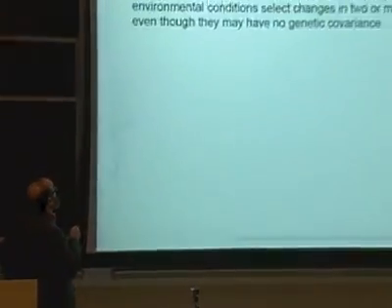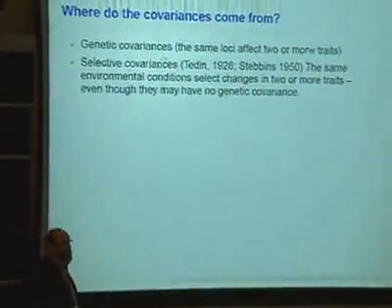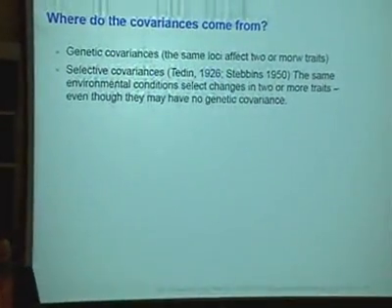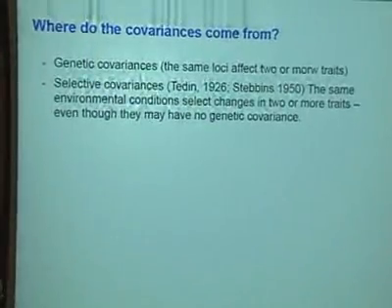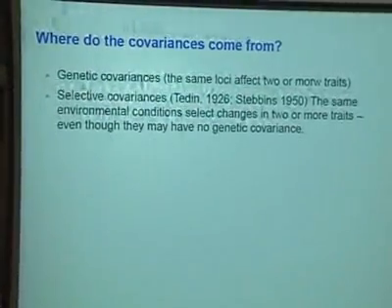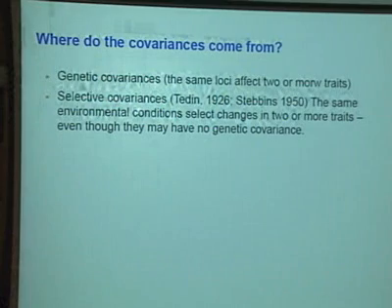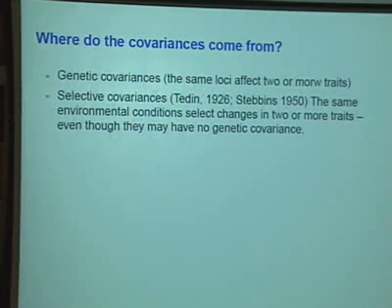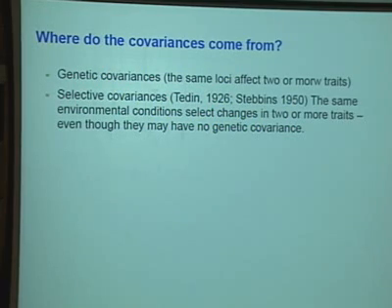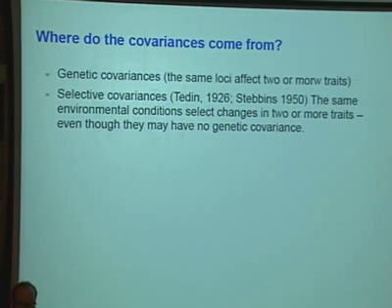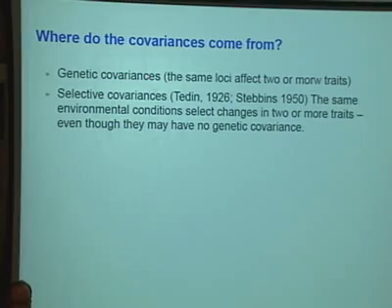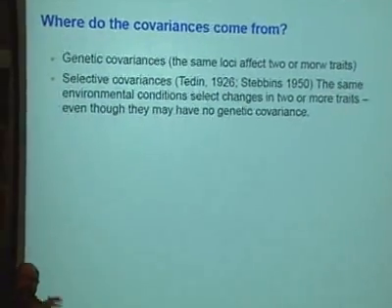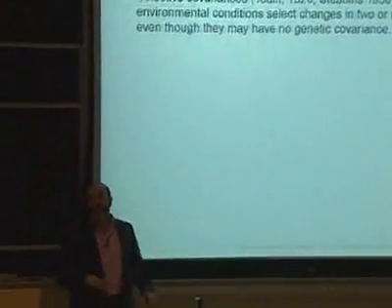There's another force called selective covariance. It was actually first defined by, I believe it was a Danish, maybe, quantitative geneticist, Olaf Tedin, in 1926. And G. Ledyard Stebbins, who was here, of course, at Davis at the end of his career, in his great book of 1950, Variation and Evolution in Higher Plants, cited Tedin's work and said, look, there's selective covariation too.